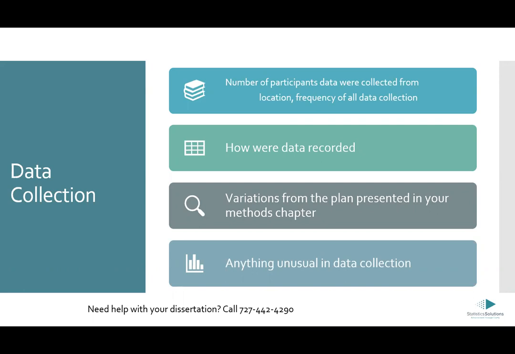If you differ from your plan of data collection at all, here you'll want to describe that as well. So I think the biggest example of this we saw in the last few years was people intended on collecting their interviews in person and meeting with participants face to face, but due to the pandemic, they had to pivot and instead meet over Zoom or phone call.